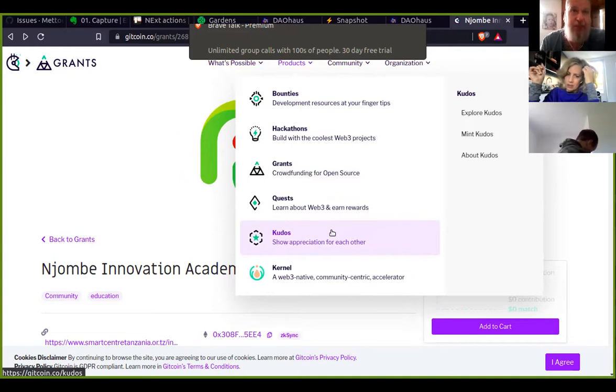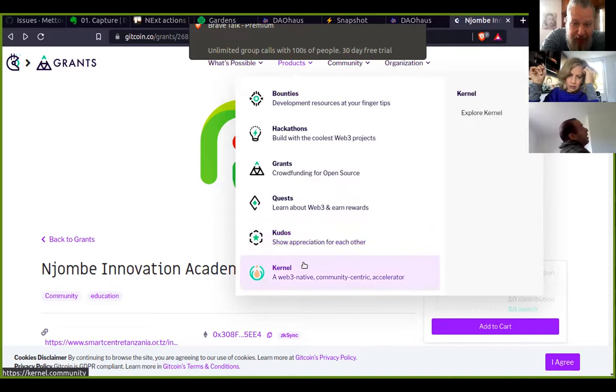And you have the kernel, and the kernel is very interesting because it's a type of accelerator, allowing the creation of new Web3 infrastructures, right? Well, I actually want to, we could deep dive into everything here related to the products, but I don't know if this is the way that we want to browse the Gitcoin environments.